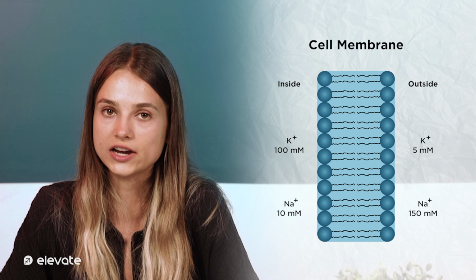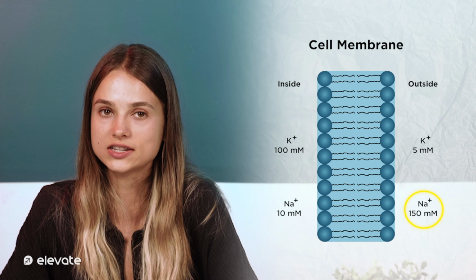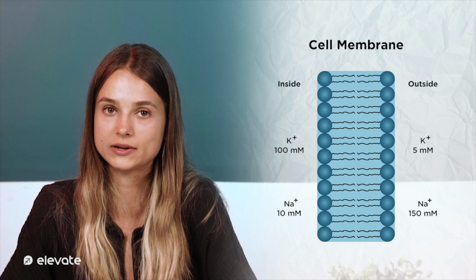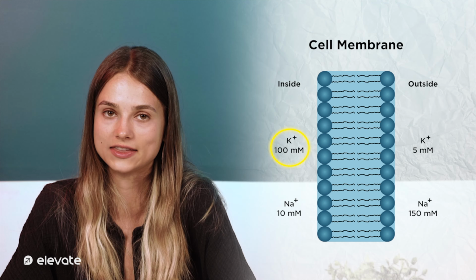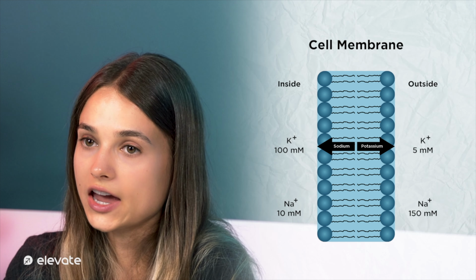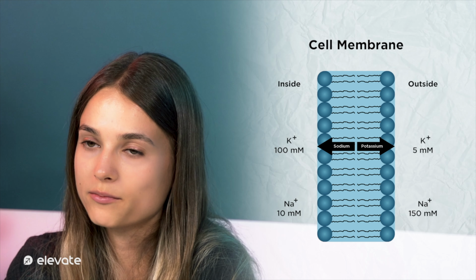When a neuron is not sending a signal, it is at rest. And when it is at rest, the concentration of sodium ions is higher outside the cell, whereas the concentration of potassium ions is higher inside the cell. This creates an electrochemical gradient across the cell membrane.